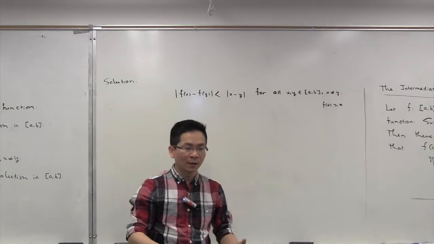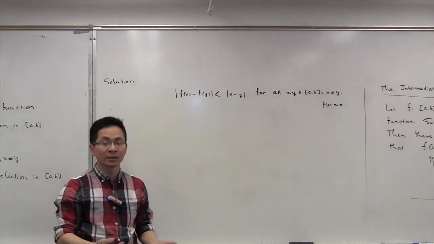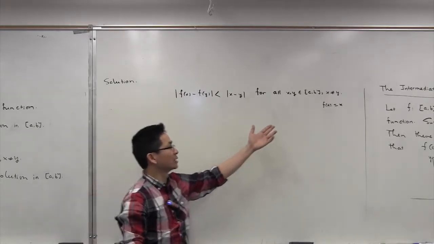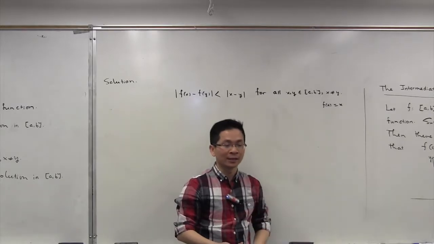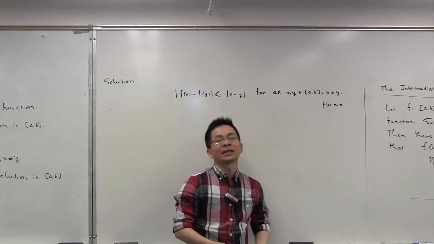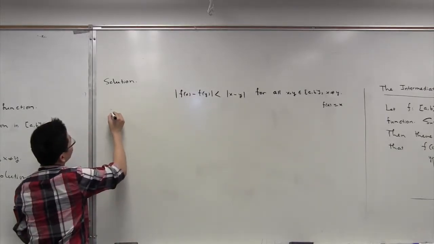Okay, so the strategy is we suppose by contradiction that this equation has two distinct solutions in the interval AB, and then we will show that we can get a contradiction.